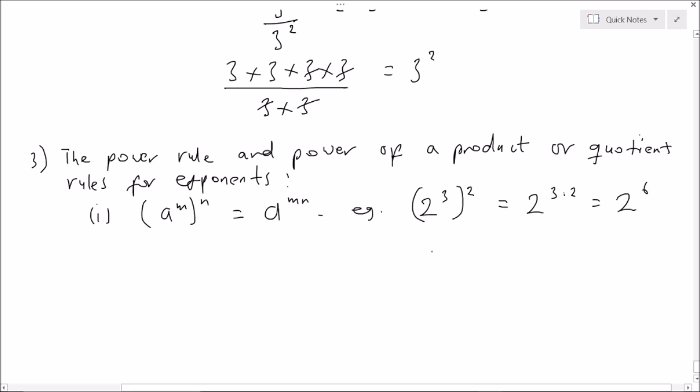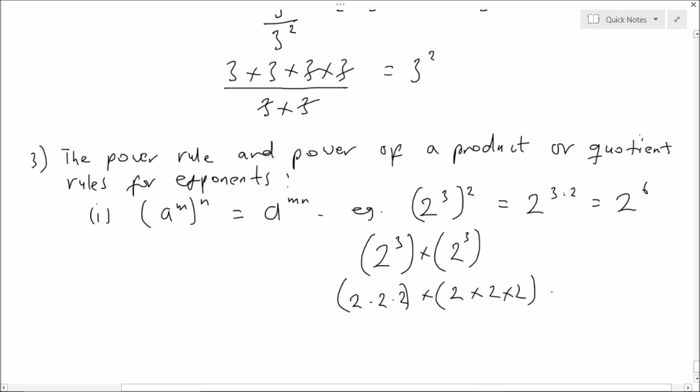And again, you see that this is true because if you expand this, 2 raised to power 3, all raised to exponent 2, implies that 2 raised to power 3 times 2 raised to power 3. That's 2 raised to what term is multiplying itself 2 times. If you expand this, this will give us 2 times 2 times 2, all in brackets, times 2 times 2 times 2.